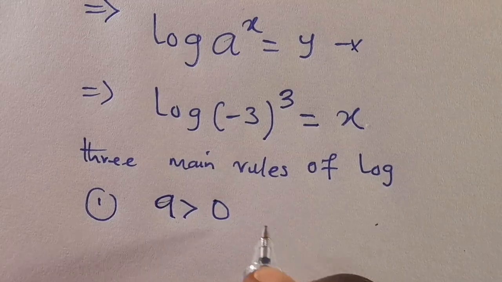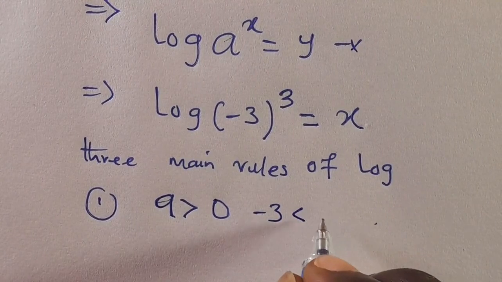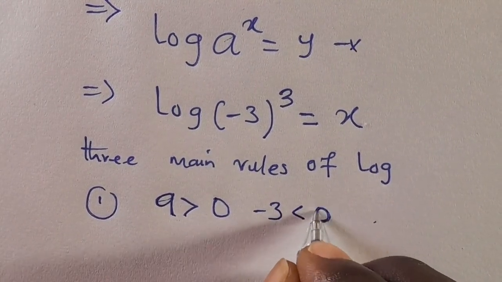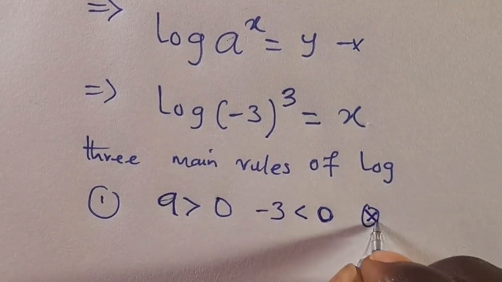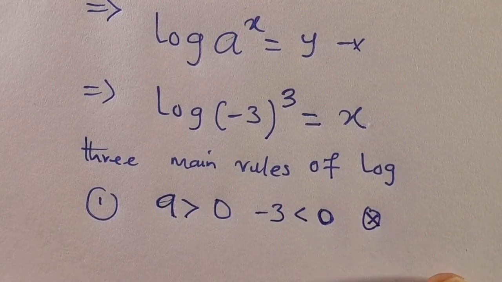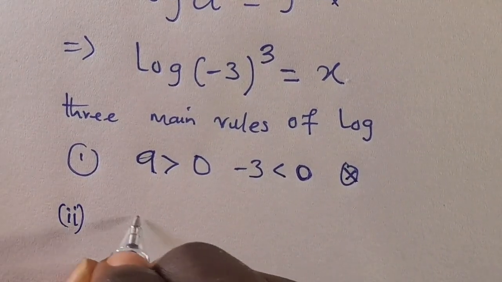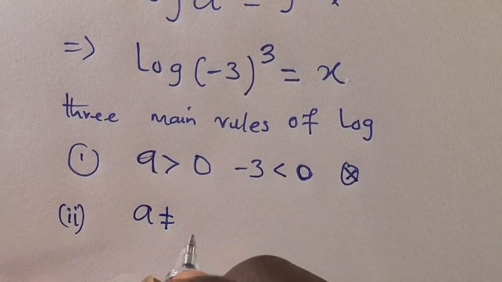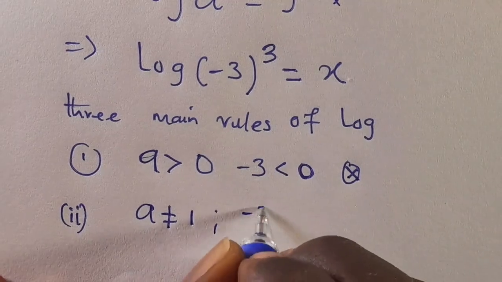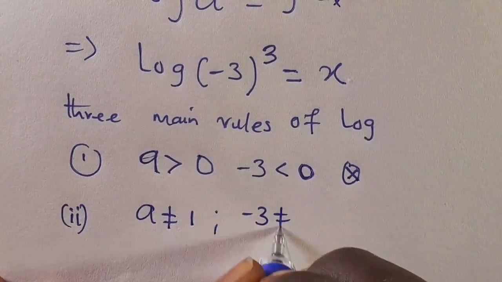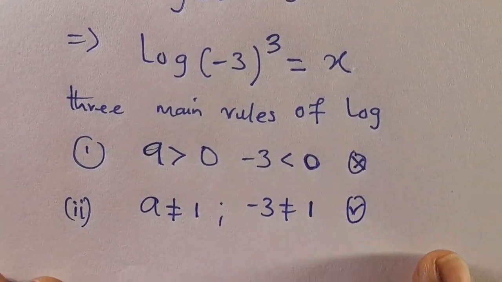That is, we have minus 3, which is less than 0. And so therefore, this condition is not satisfied. Rule 2 is that our a must not equal 1. So thank God we have minus 3, which does not equal 1. And this one is satisfied.